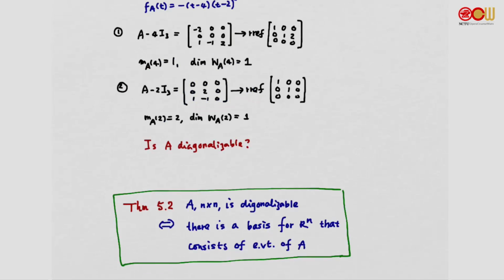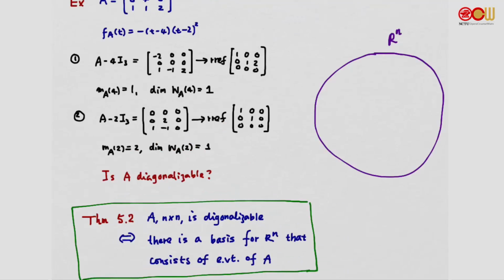For this example of A, is A diagonalizable? From what we have learned earlier, we know A is diagonalizable if we can find a basis for Rn that consists of eigenvectors of A. For this A, we have two eigenspaces. One is W_A(4), and the other one is W_A(2).